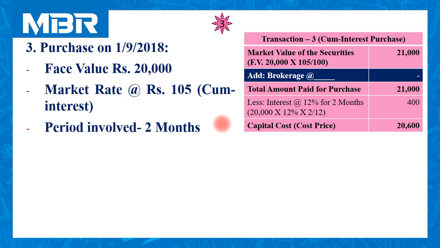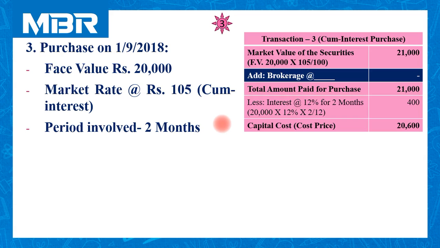We know how to do it. It is cum-interest purchase. So 20,000 multiplied by 105 divided by 100 rupees. So 21,000. If the brokerage is charged, then we need to add the amount of brokerage. But here information of brokerage is not given. This is all about cum-interest purchase. So total amount paid for purchase is rupees 21,000.